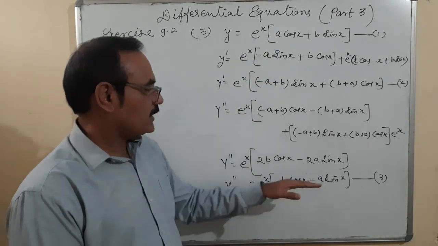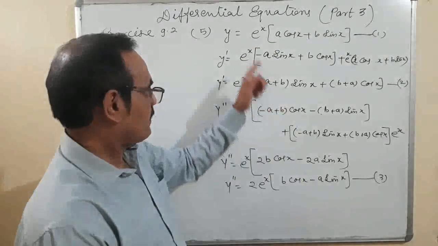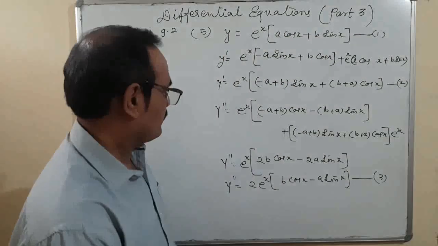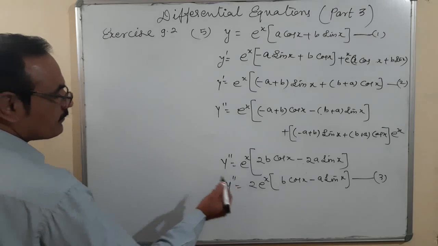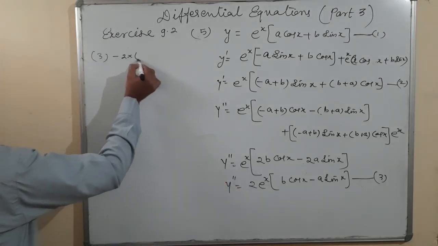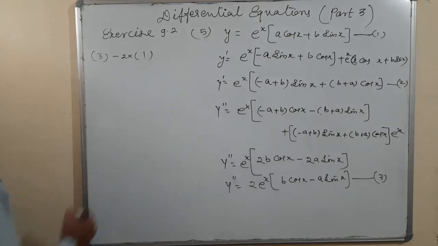Now we can do one thing: equation number 3 minus 2 multiplied by equation number 1. Okay. Then what happens?